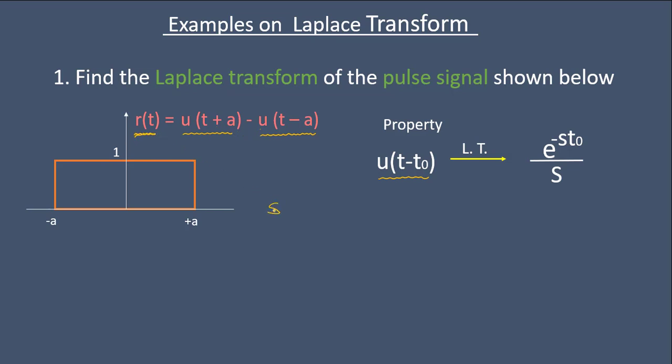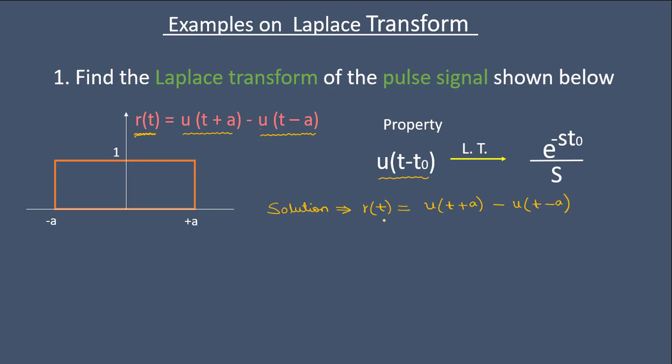So let us find the solution. The signal r of t is equal to u of t plus a minus u of t minus a.